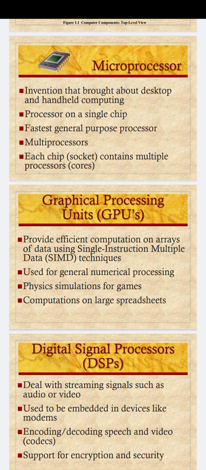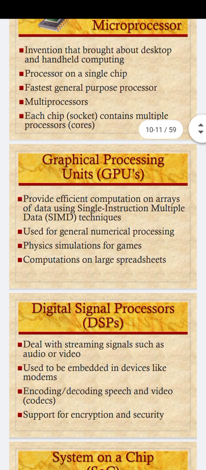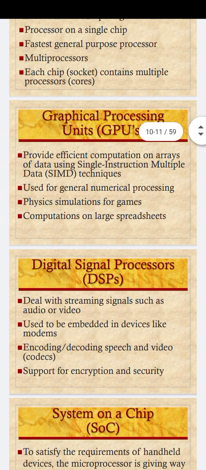It is also used for general numerical processing, and physical simulation for games graphics, so that we are able to see good graphics for games and other things. We have to use the graphical processing unit. And then we have computations on large spreadsheets. I think you have heard all that as we are taking computer science.